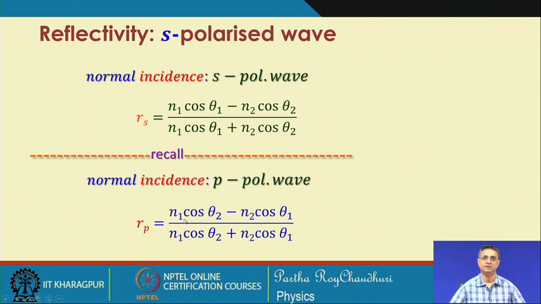And in this connection we will also recall the normal incidence of the p-polarized wave, which is given by this. We can substitute the value of theta 1 and theta 2 as 0, and you can see that both of these equations will give you the same amplitude reflection coefficient, whether it is an s-polarized wave or a p-polarized wave.